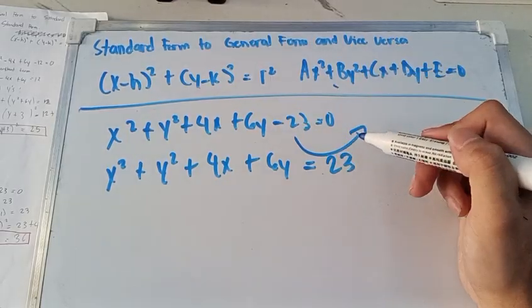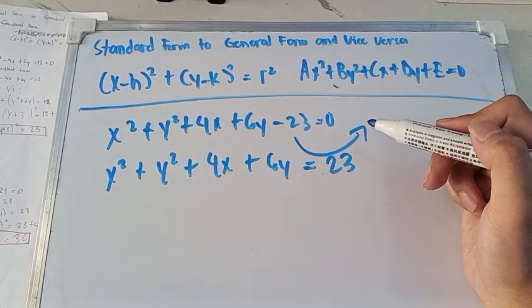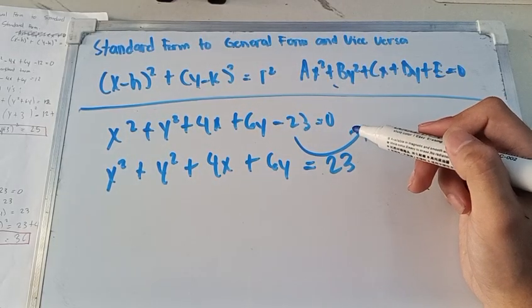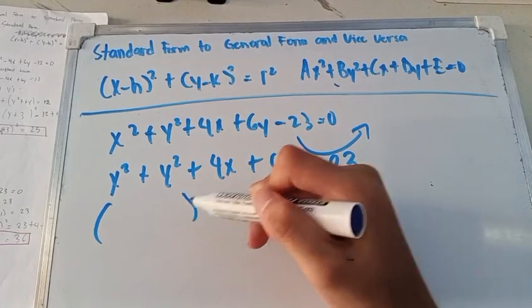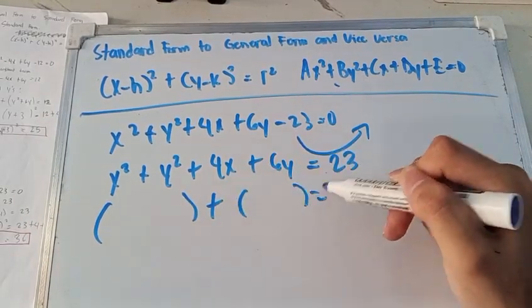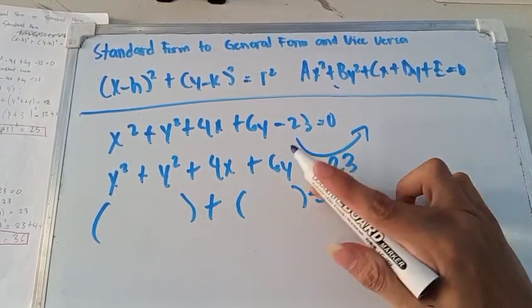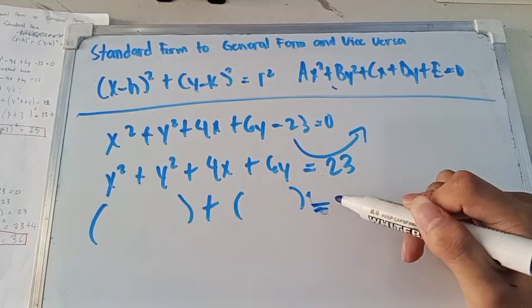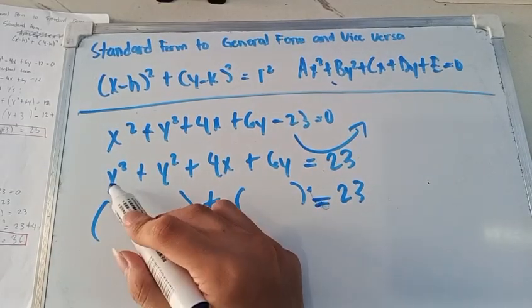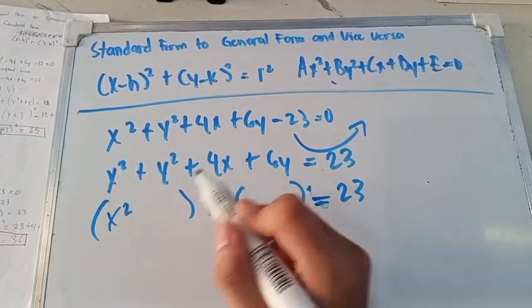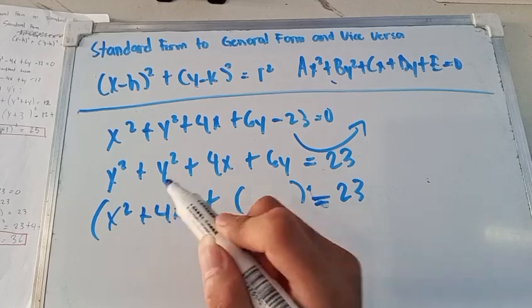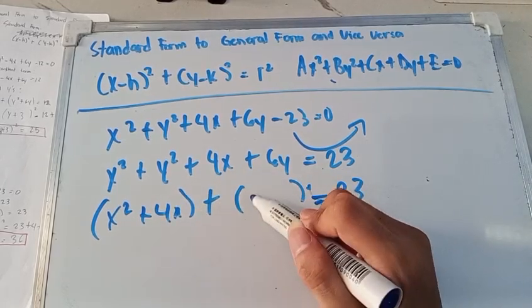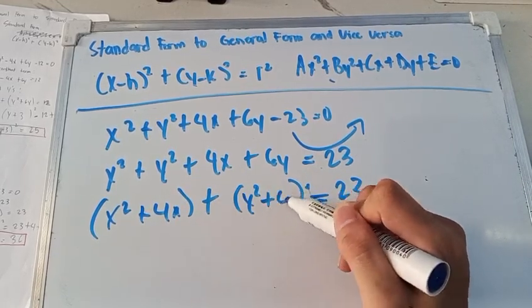So from negative 23, it will become positive. So what to do next? We will group, okay? Group the same variable. So x squared is paired with positive 4x and y squared is paired with 6y.